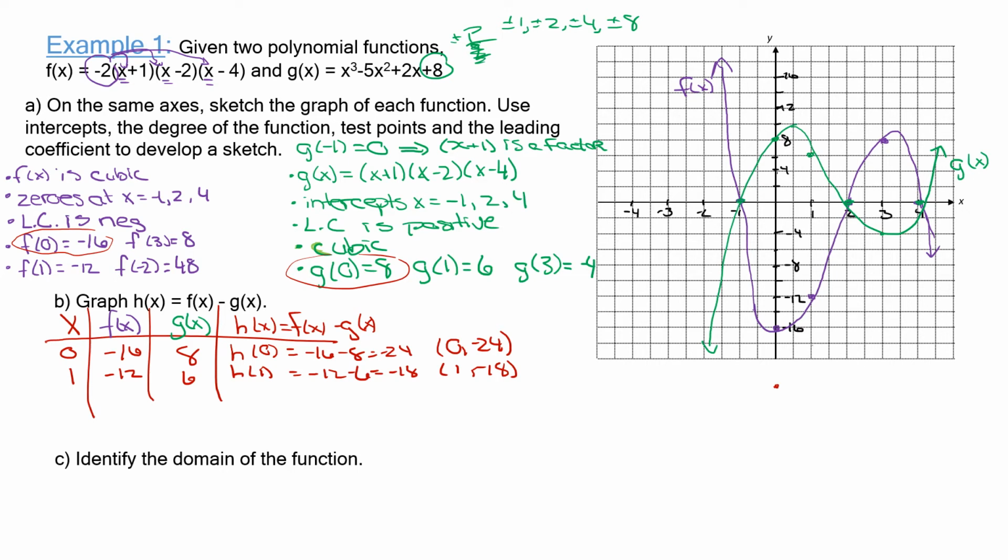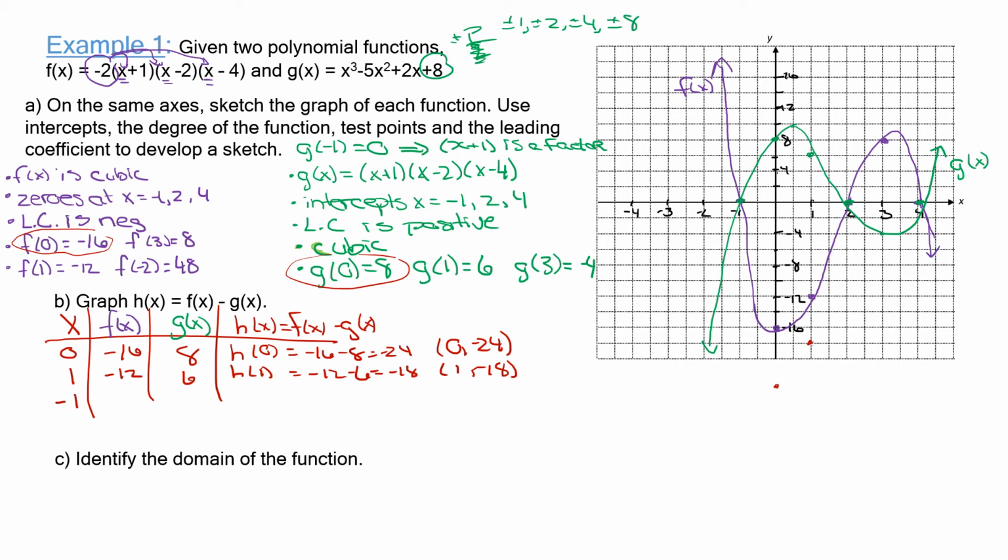So if I decided that I wanted to put an x value in my chart that I don't have both for, I would just calculate it. Let's say I wanted to do -1. I didn't calculate -1 for both of them, so I would just calculate them here and put them in. But do we have any more that are the same? Well, what we did find for all of them is -1.